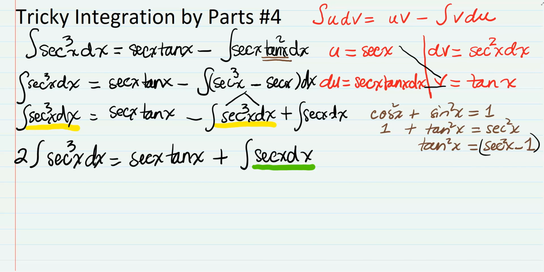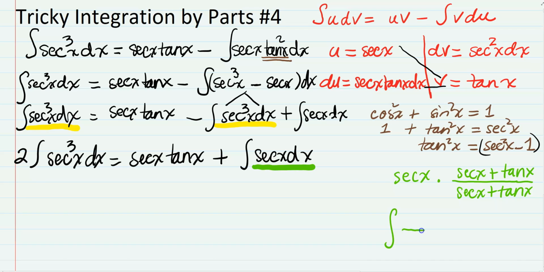Here's that trick again. If we have secant x, we are going to multiply by 1. And our 1 is going to be secant x plus tangent x over secant x plus tangent x, right? So here we would say the integral of secant x is going to be the integral of secant square x plus secant x tangent x on the numerator.